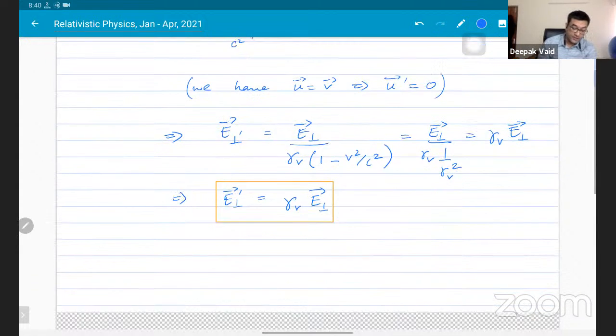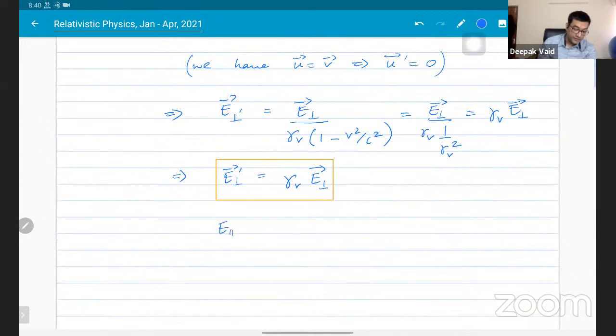So now what you can see is you finally have E parallel prime is equal to E parallel and E perpendicular prime is equal to gamma V E perpendicular, where gamma is the Lorentz factor of the relative state of motion between the two frames of reference.